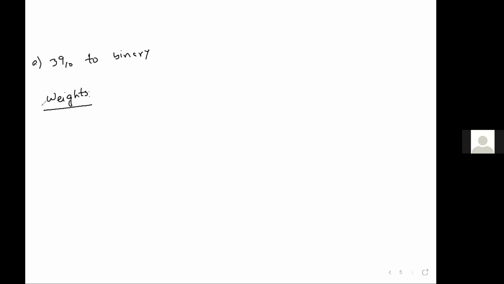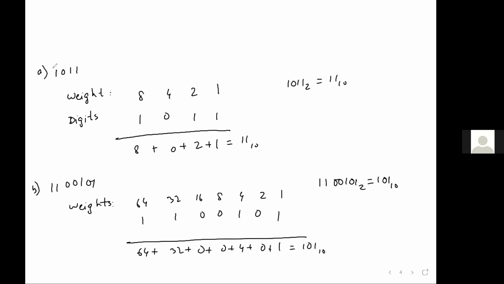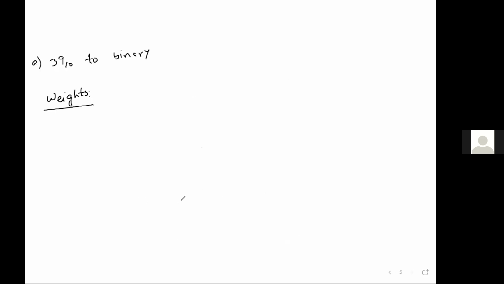While writing down the weights, write down the maximum weight that is just below this decimal number. So if I go to my previous one, you see these are your weights. So the maximum weight just below 39 is 32. So start with 32, then write down the weights accordingly. So next weight will be 16, then 8, then 4, then 2, then 1.